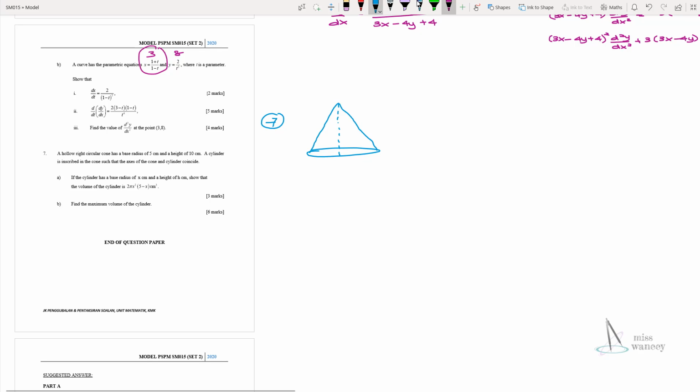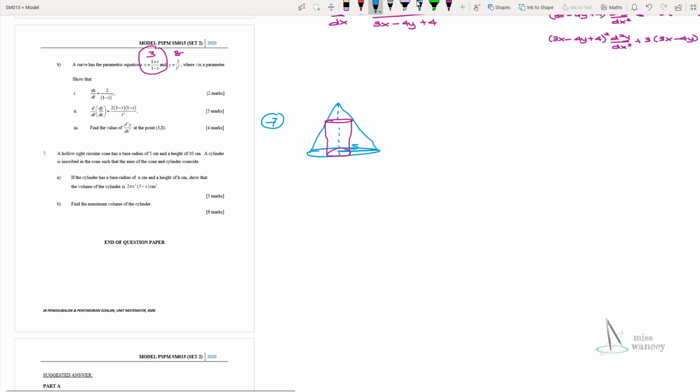Okay, so nanti kalau kata kita lukis silinder tu kat dalam ni, dia punya tengah-tengah pun sama dengan cone kita jugalah. Jadilah. Okay lah tu. Cantik lah tu. Okay, base dia 5. So base dia 5, height dia 10.